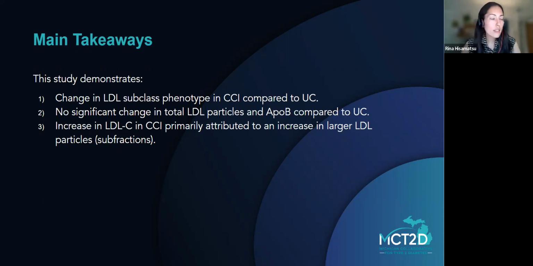So the results of this study demonstrated a sustained improvement of the atherogenic lipoprotein phenotype that's typically characteristic of type 2 diabetes, which usually comprises elevated plasma triglycerides, small dense LDL particles, and a reduction in HDL cholesterol.